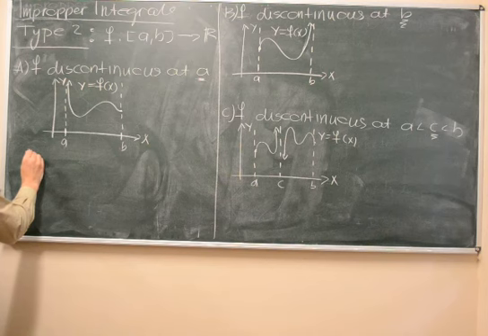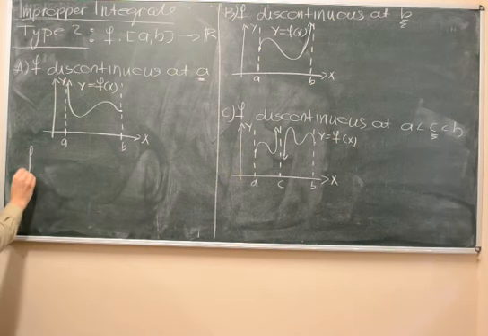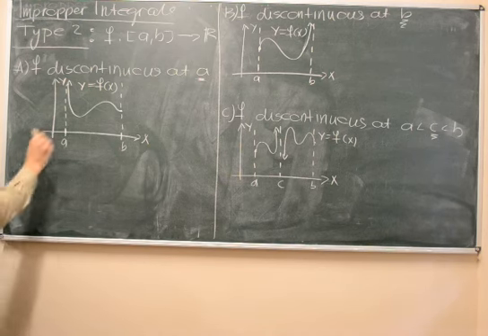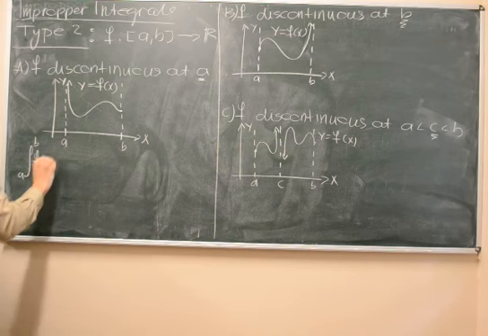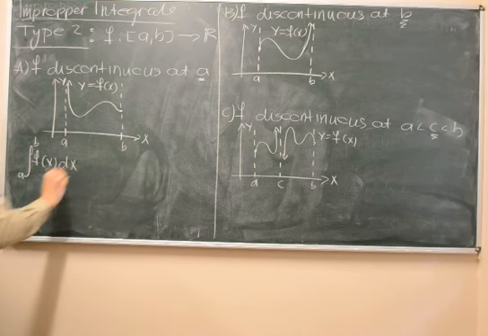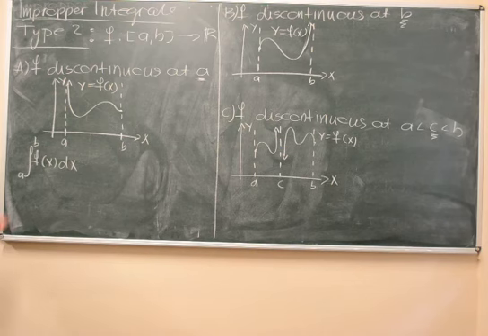So, in the first case, we have f is continuous except here at the one endpoint a. Because we can't use the fundamental theorem of calculus to calculate this integral, we have to make another plan.